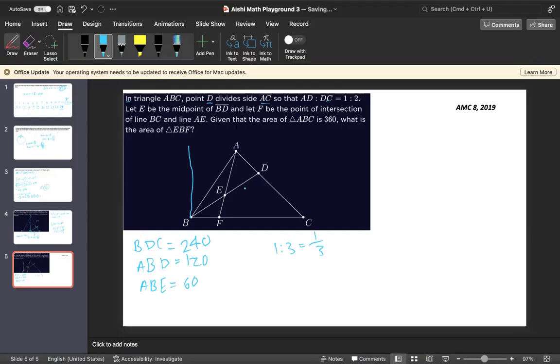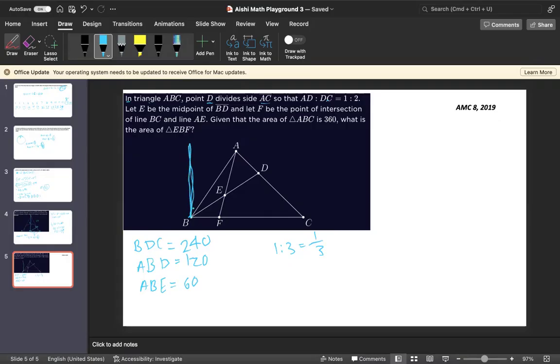So since we know that the base of ABC, which is BC, is not the same as the base of EBF, which is BF, we're going to do this instead with ABF, which also has the same height as ABC.